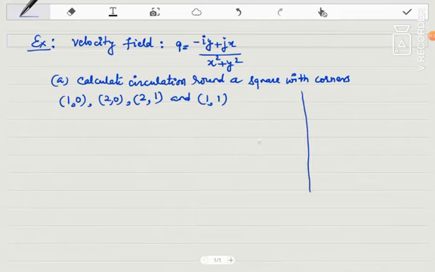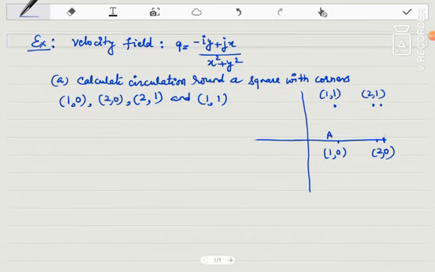If I draw the object around which I have to take the circulation, then suppose this point is (1, 0), let it be A, then (2, 0), let it be B, then (2, 1), let it be C, and then (1, 1), let it be D. So this is your object along which you have to take circulation.